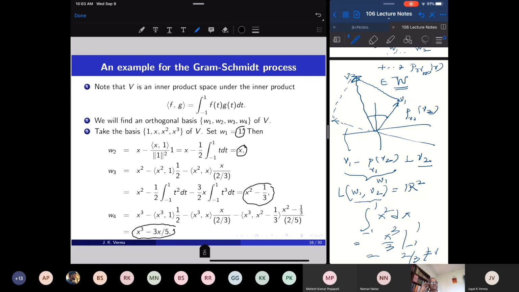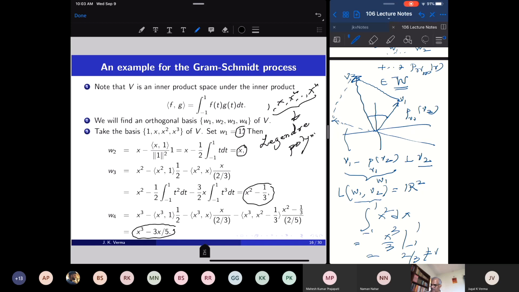These polynomials that we get have a definite formula. They are called Legendre polynomials. If the input is 1, x, x square, up to x^n and I apply the Gram-Schmidt process, I will get polynomials of degree 0, 1, 2, up to n, and these are called Legendre polynomials.